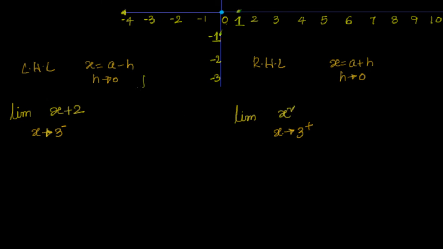I can write here f of x equal to x plus 2 in this case, and f of x equal to x square in this case. Left hand limit and right hand limit.